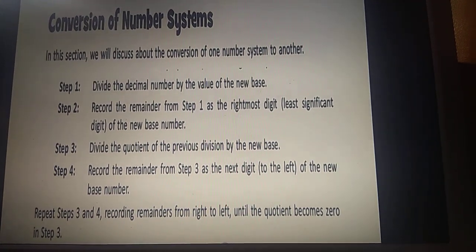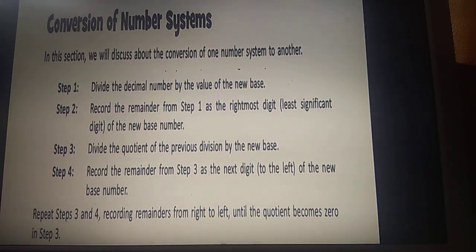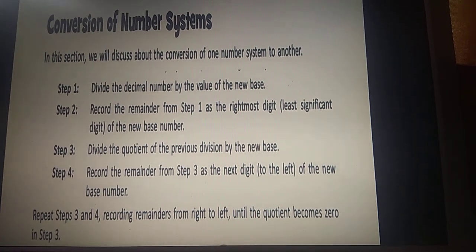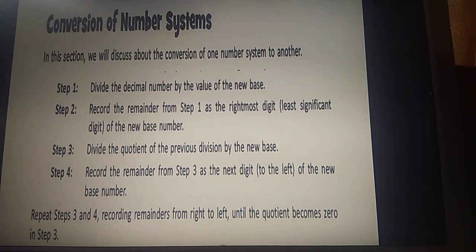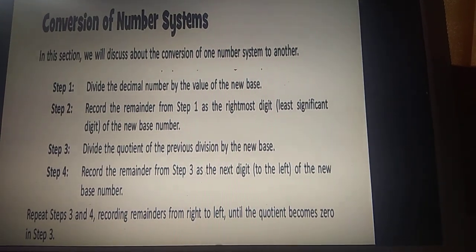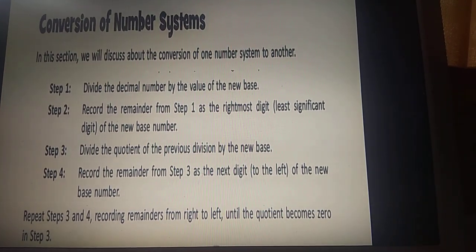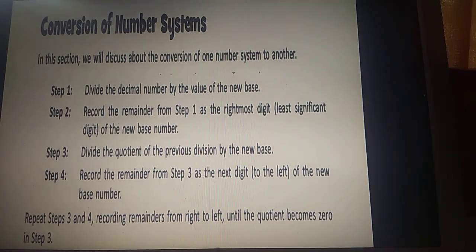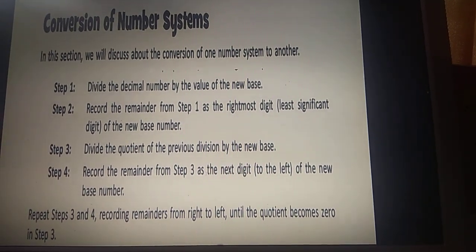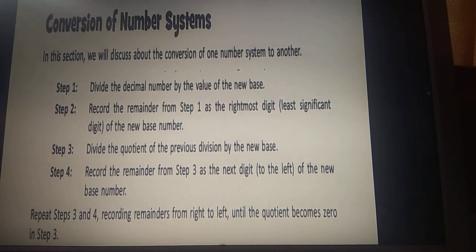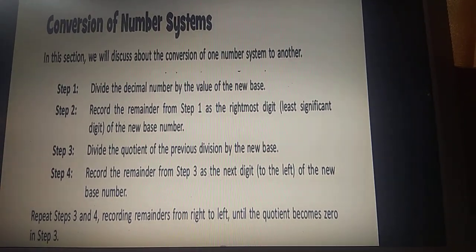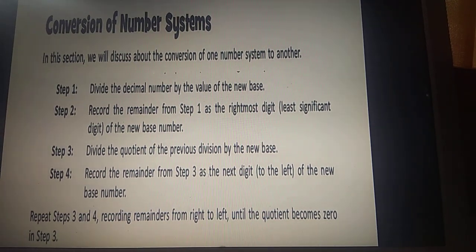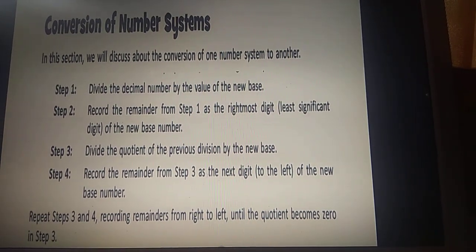We will record the remainder of step 1, that will be the rightmost digit or the least significant digit of the new number. Then we again divide the quotient by the new base, that is 8, and repeat step number 2 to record the remainder, and then divide the quotient by 8 again.